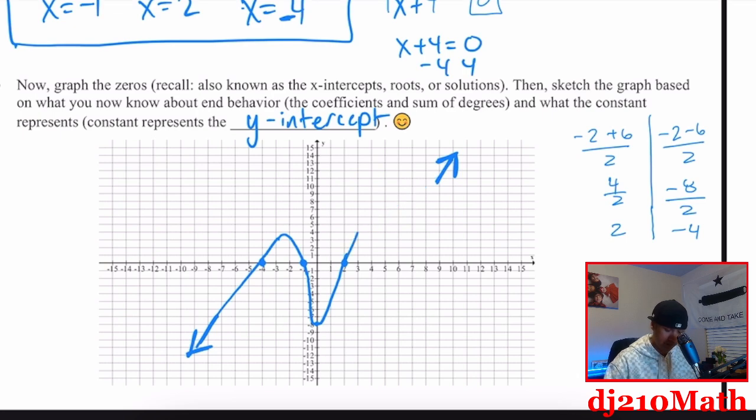Right? I mean, does it have to touch the arrow exactly? No, it doesn't. We're looking for accuracy, not precision, right? I don't exactly know where it's going to touch. I could plug in one of these values if I wanted to be precise, but I just want to get the big idea of the direction, right? End behavior, zeros, and y-intercept, those are the big ones.